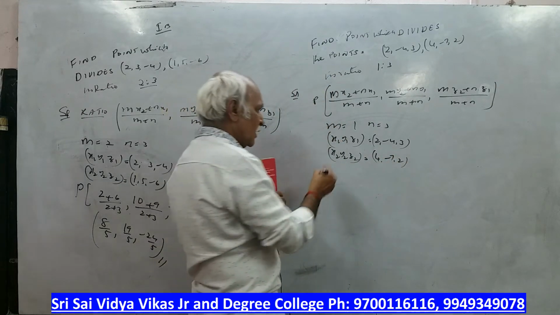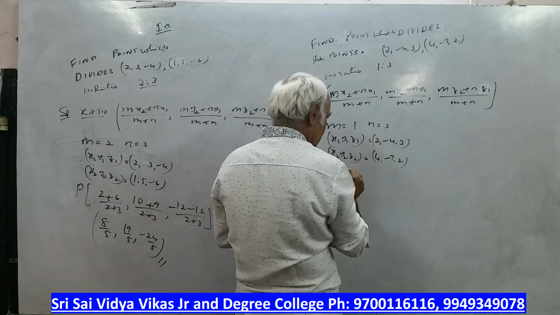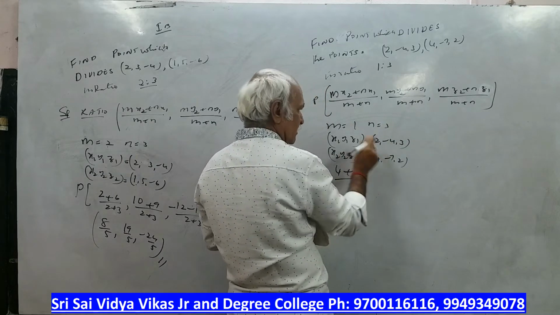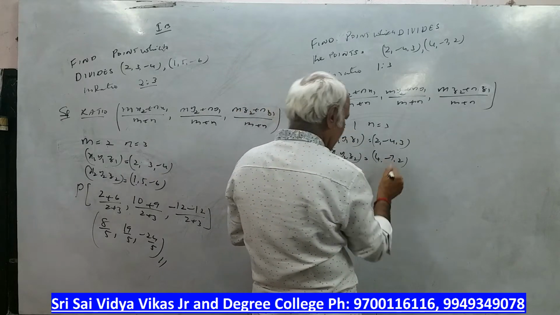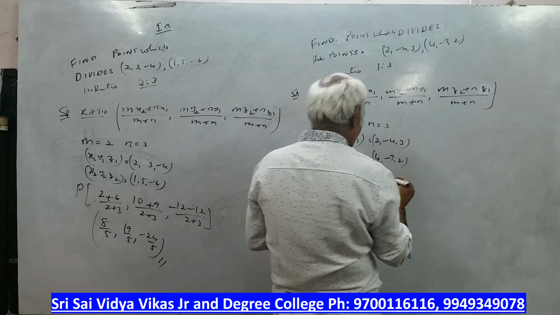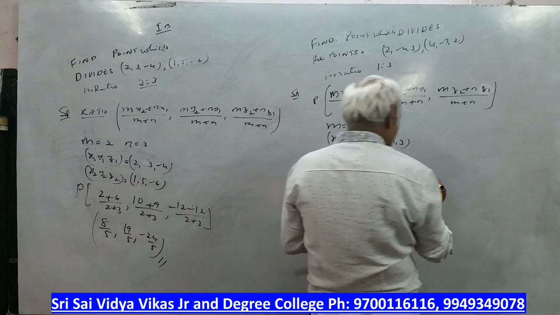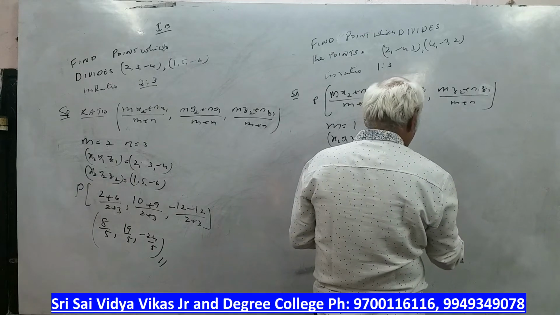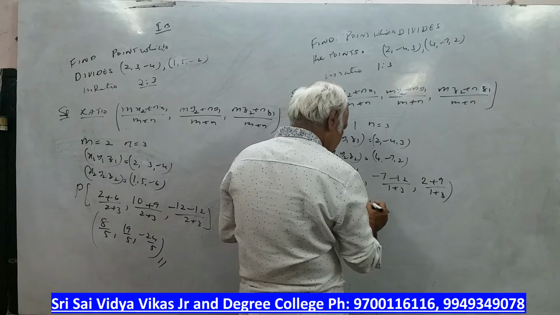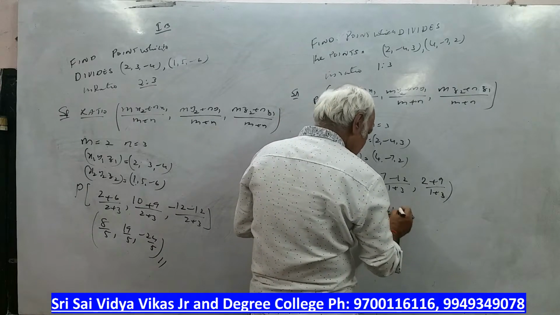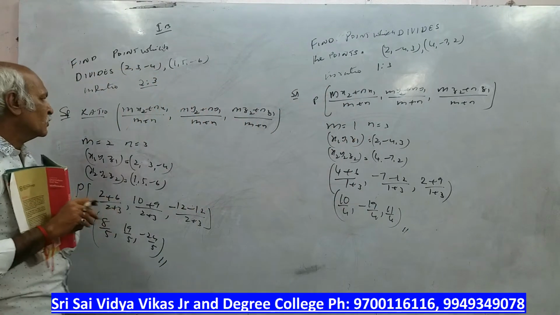Again, formula: mx2, 1 into 4, 4, 3 into 2, 6, by 1 plus 3. my2: 1 into minus 7, 3 into minus 4, minus 12 by 1 plus 3. mz2: 2 into 1, 2 plus 9 by 1 plus 3, 10 by 4. Right? So just ratio formula application. Okay, please note this down.